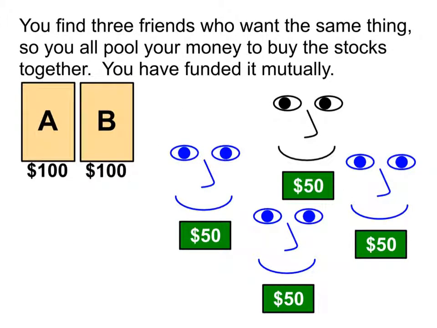We could find 3 friends who also want to invest $50 into stocks A and B. And so we can pool our money. Notice that all of us together have a grand total of $200. That's enough to buy $200 worth of stock, so we can buy a share of A and a share of B that way.